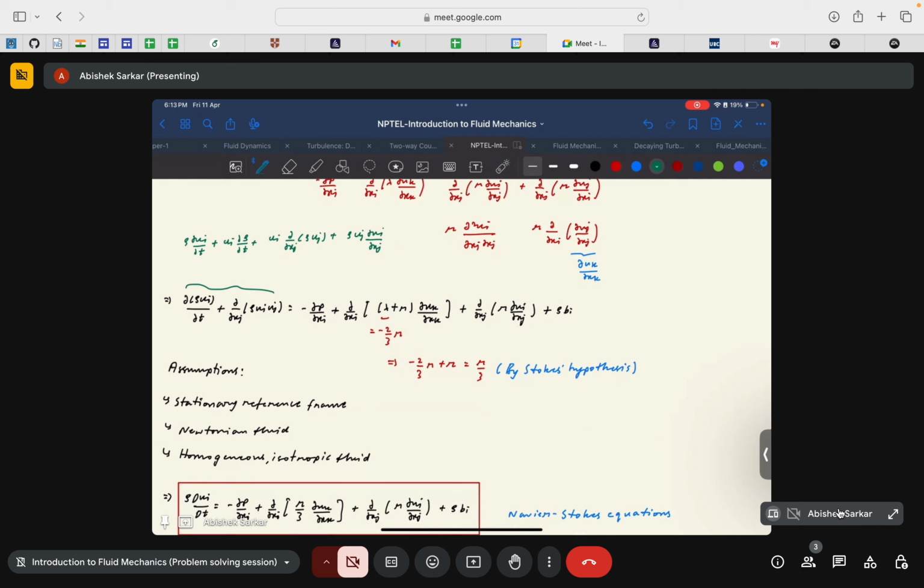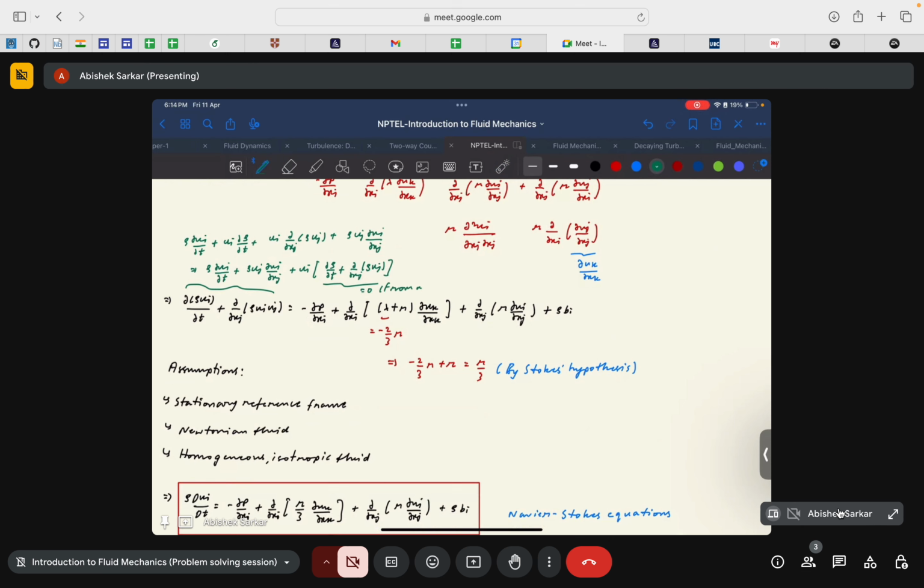If you combine these two terms, we can write ρ ∂ui/∂t plus ρuj ∂ui/∂xj plus ui times ∂ρ/∂t plus ∂/∂xj of ρuj. If you recall, this is basically the mass conservation equation, so this is 0 from mass conservation.